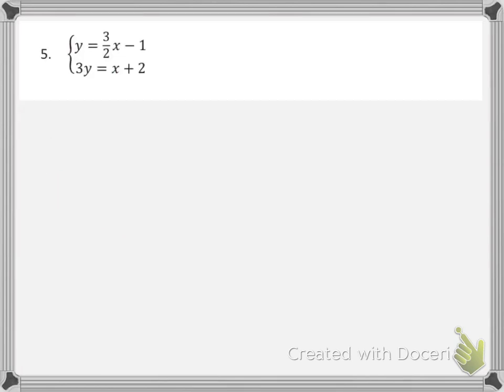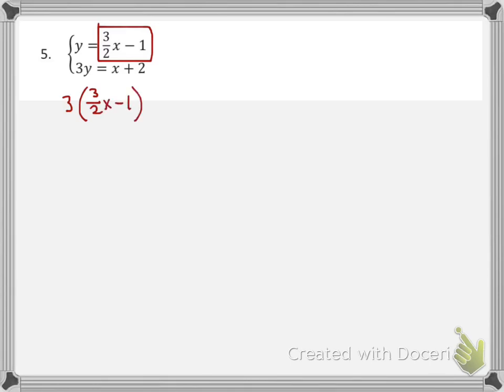All right, number 5. Well, I've got a nice slope-intercept form here, so that is y. So when I rewrite my equation below, I can just substitute that for y. So I get 3 times y. Well, that's 3 halves x minus 1.